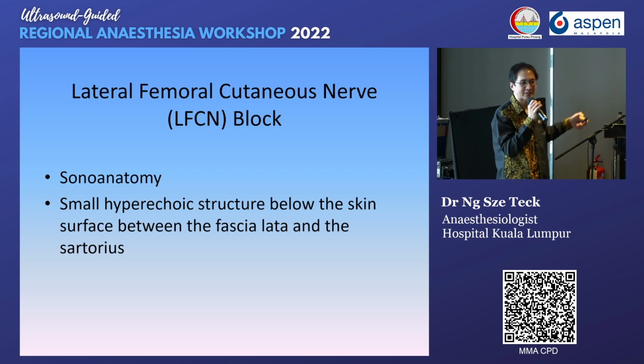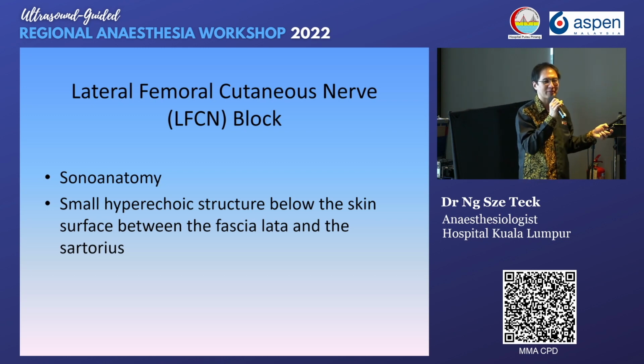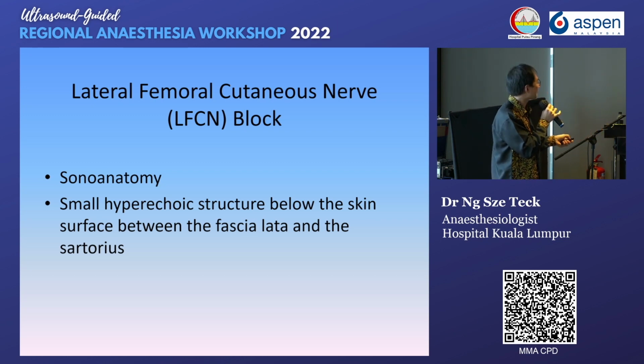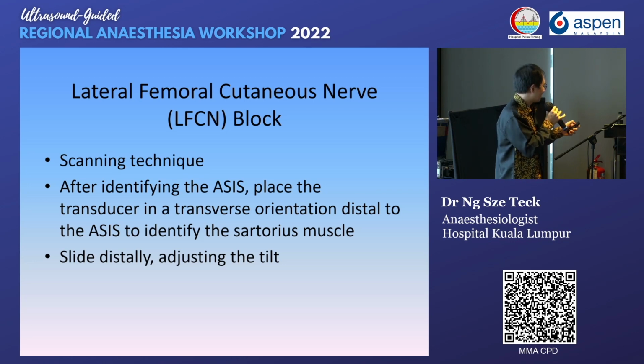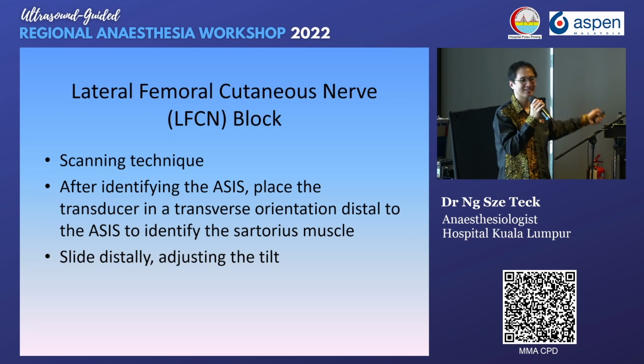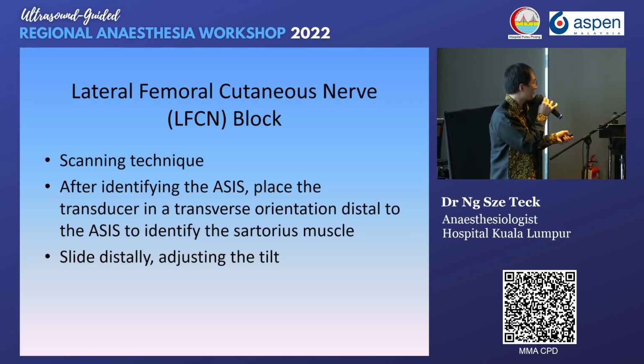In between them, you try to see a small hypoechoic structure that looks like a nerve. After identifying the ASIS, place the transducer in the transverse orientation, distal to the ASIS, to identify the sartorius muscle. You just slide and adjust until you find the nerve.